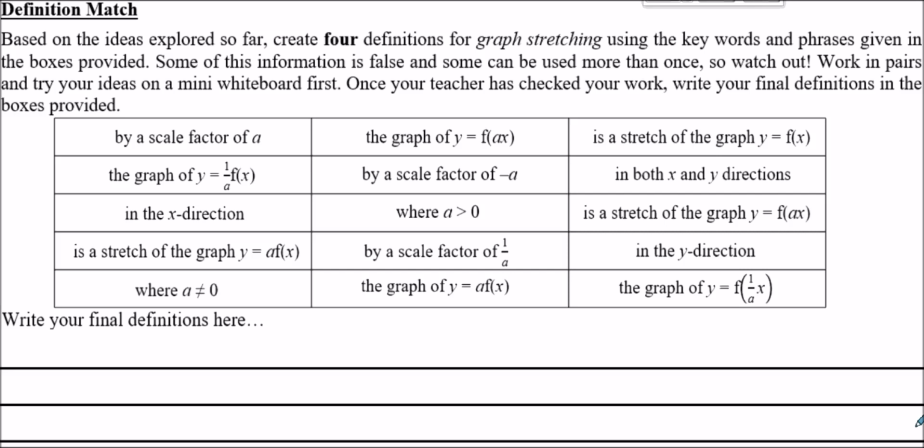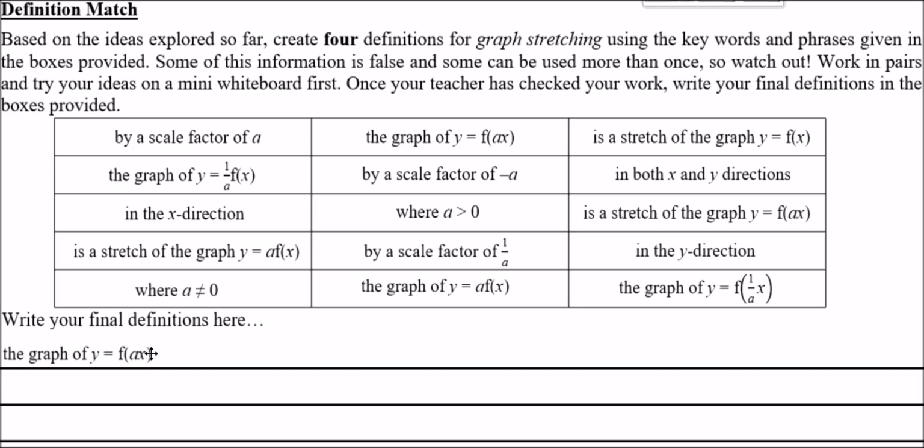So let's just crack straight forward into the final definitions. And so the first type of transformation we could have is thinking about a graph of y equals f of a of x. So let's use this one here first of all. So this change happens on the inside of the bracket. So f of x has become f of ax. Like I've just mentioned before in the previous video too, a change from inside the brackets affects the x direction in an opposite way to what one might expect.